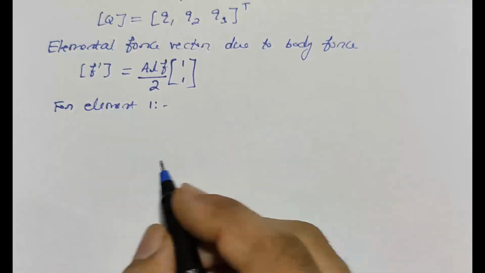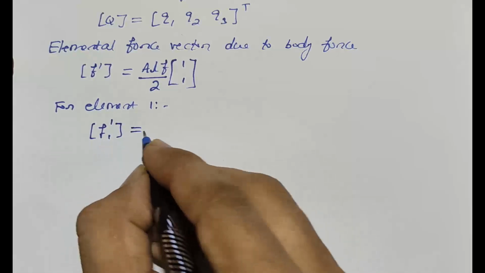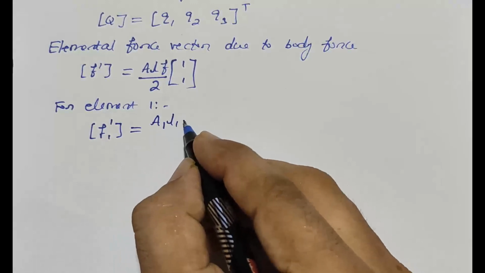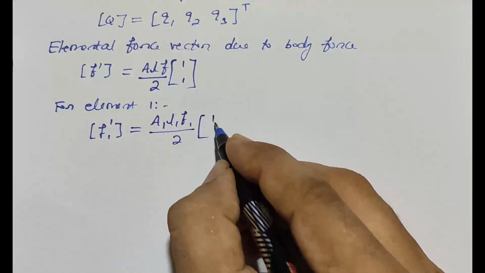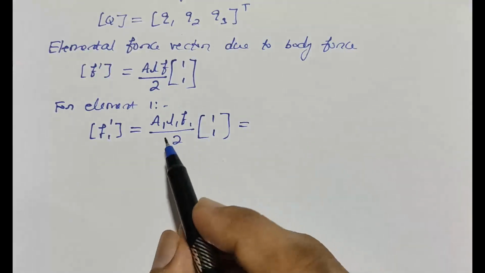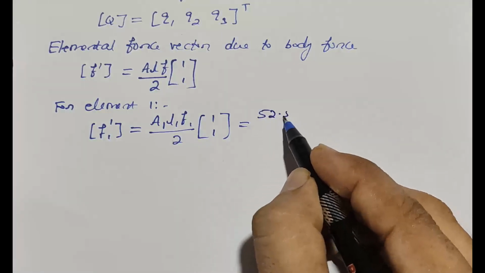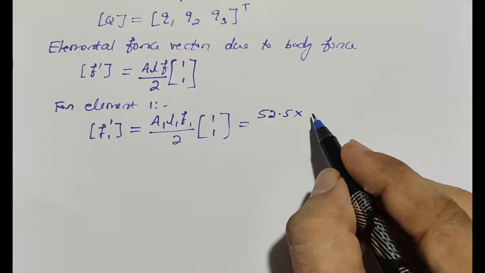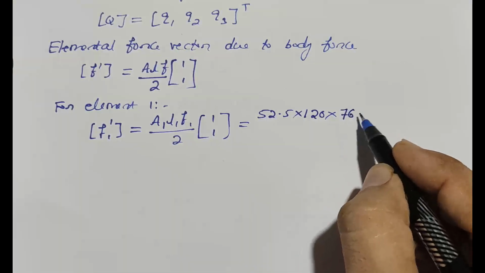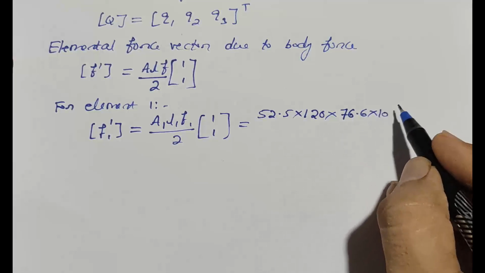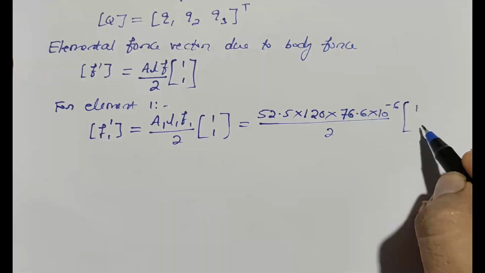Element 1 body force vector is, we will take F1 dash is equal to A1 L1 F1 by 2 1 1, which is equal to area of first step, it is 52.5, into length of first portion 120, into the body force, that is weight density 76.6 into 10 power minus 6, divided by 2 1 1.